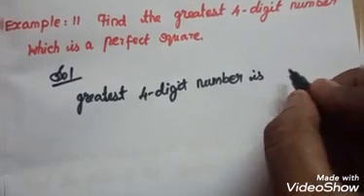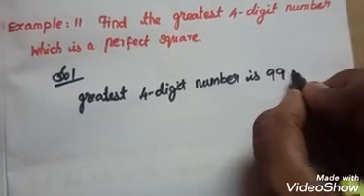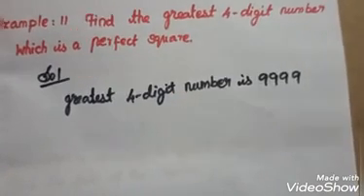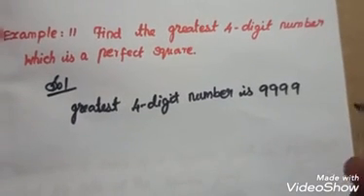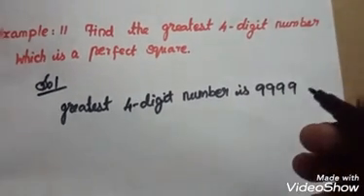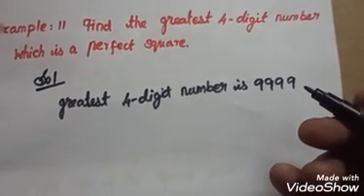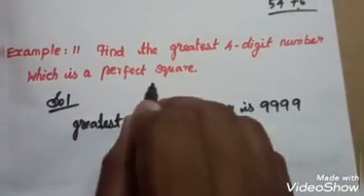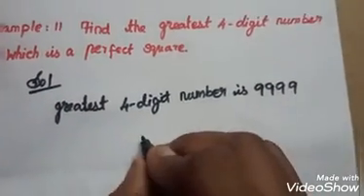The greatest 4-digit number is 9999. So now we need to check whether 9999 is a perfect square or not. Otherwise we need to find the 4-digit perfect square by using the long division method.